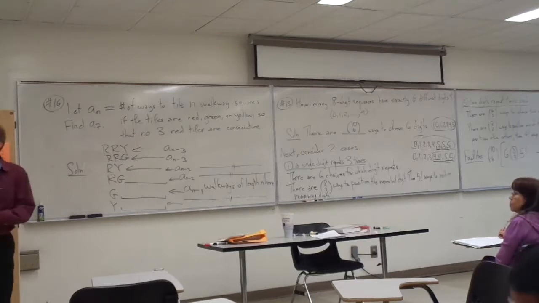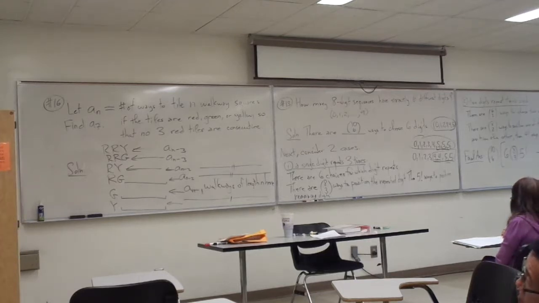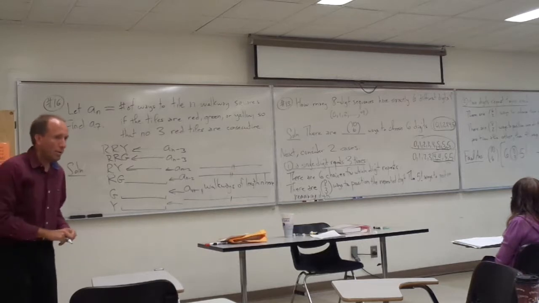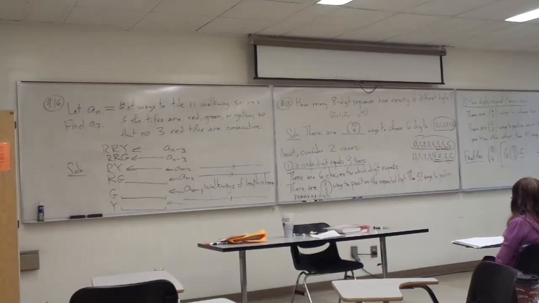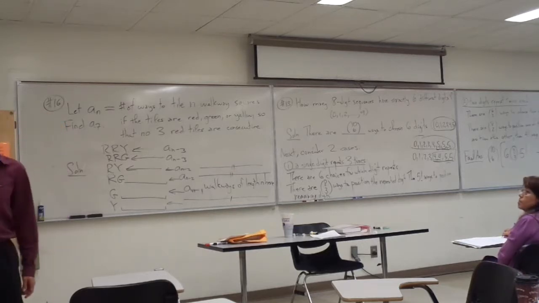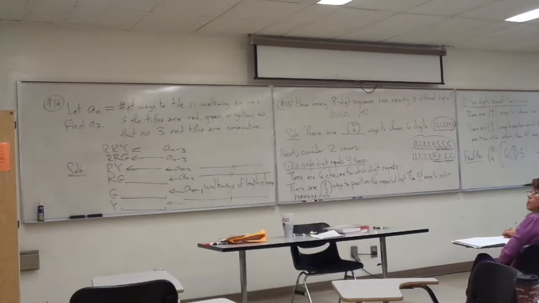It's not wrong to do this, but let me tell you something I don't recommend. Some people on the second test did something like this. They said, oh, A7 is 2 times A6 plus 2 times A5 plus 2 times A4, and then they start back substituting. So A6 is then 2 times A5 plus 2 times A4 plus 2 times A3, and then they plug this one into 3 terms.